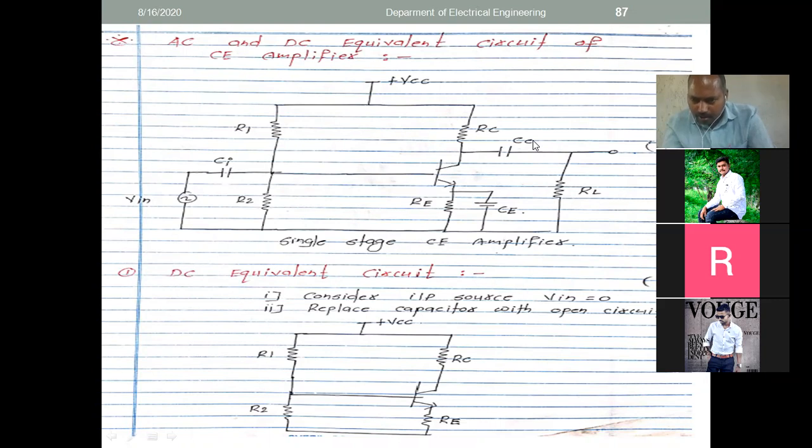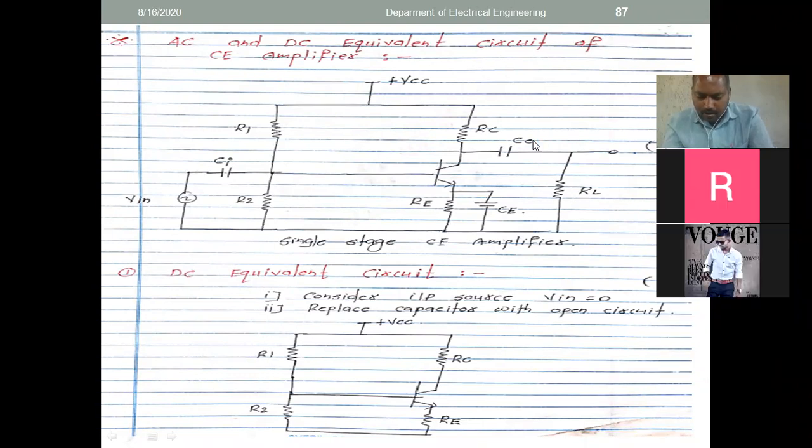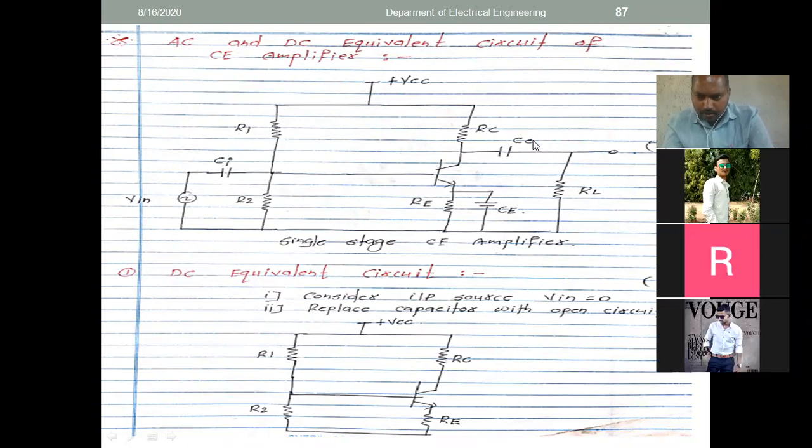Roll number 30, yes sir. 31. 32, present sir. 33, present sir. 34. 35. 36, present sir. 37. 38.